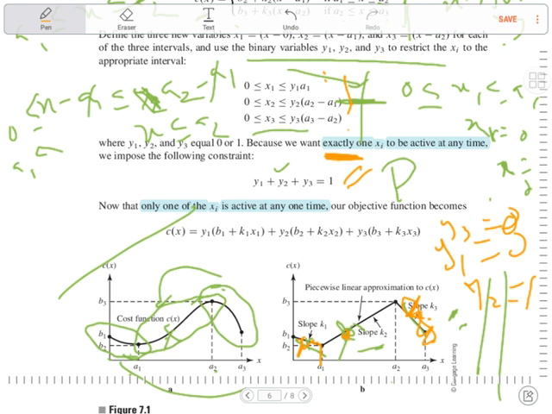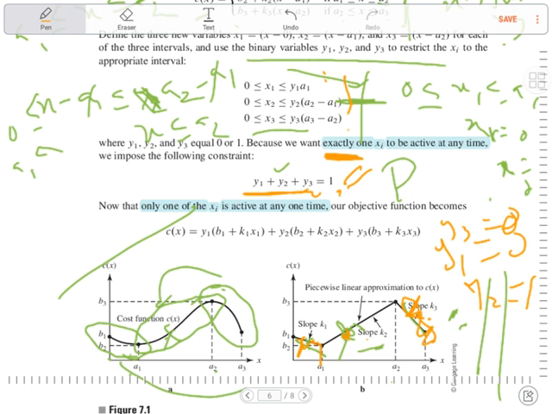At least one is required because the right hand side is 1, and at most one again because all these are binary variables. So as a whole, exactly one of y1, y2, y3 should be active, so as to get the practical idea of this point existing in any one of these parts.